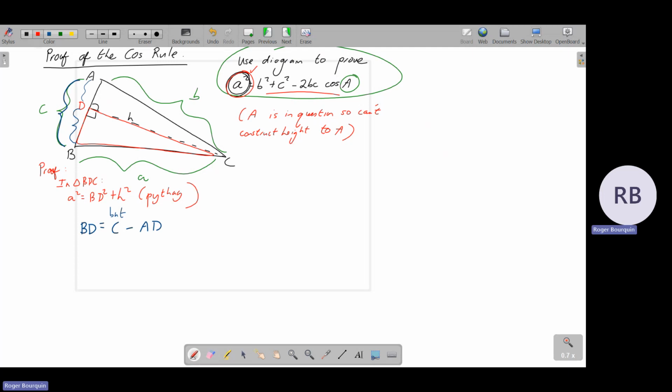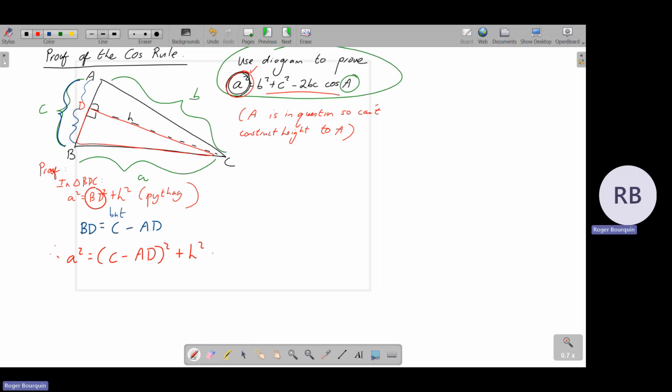So then sub BD into this formula over here: a squared is going to be equal to BD squared, which is (c minus AD) squared, plus H squared.